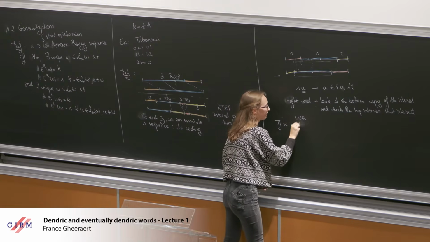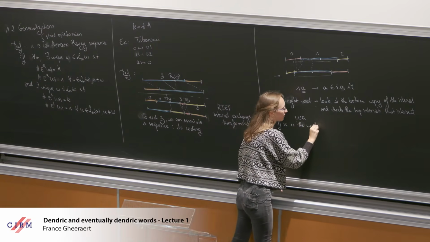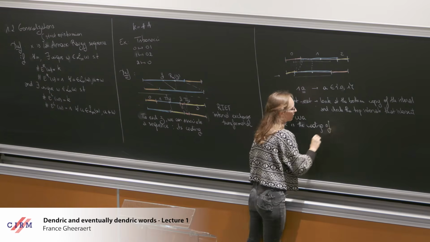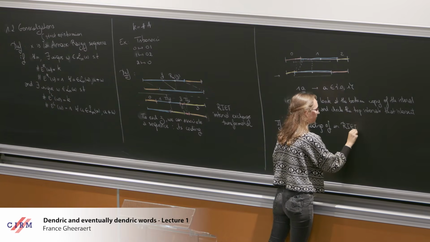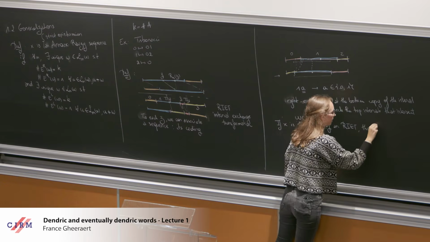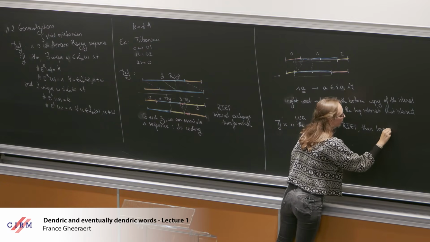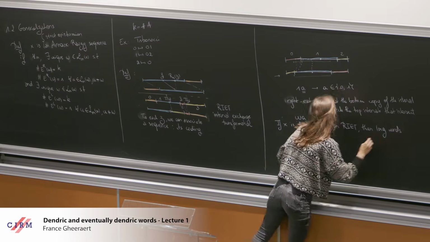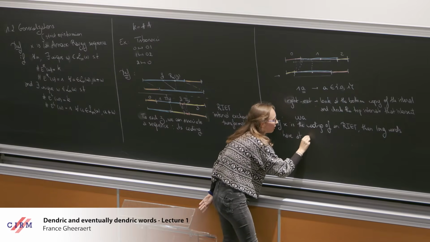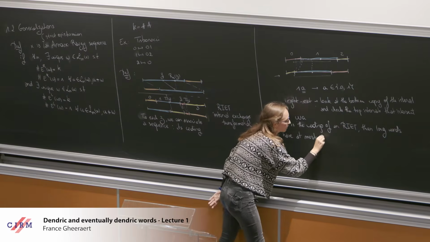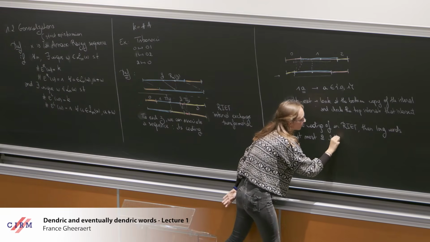And so that means that if X is the coding of a regular interval exchange transformation, then long words have at most 2 left extensions, and the same goes for the right, of course.